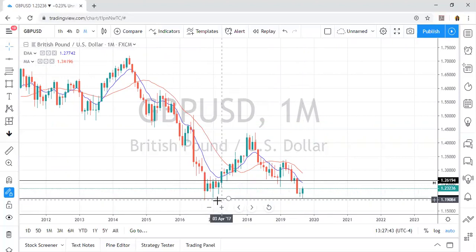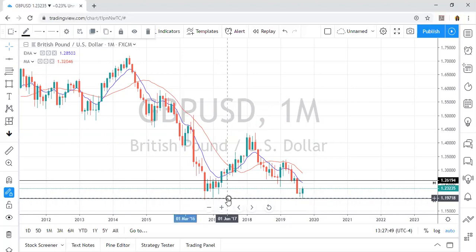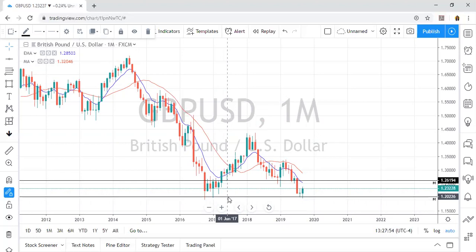So we have our 3 hits to the downside. Actually, let me move this up a little bit because I like to have it where it touches all of the wicks. All right, so we have support here, and support here, which is on the current month because we're in September.